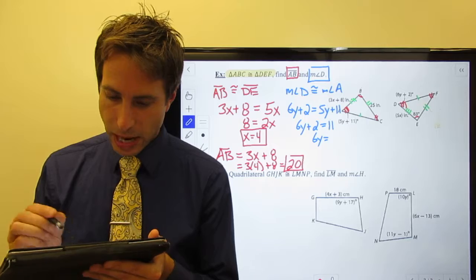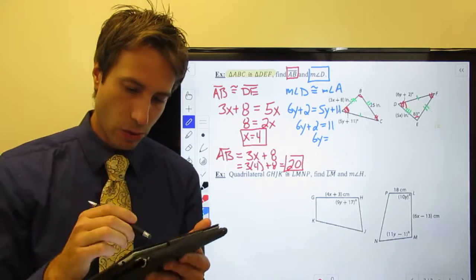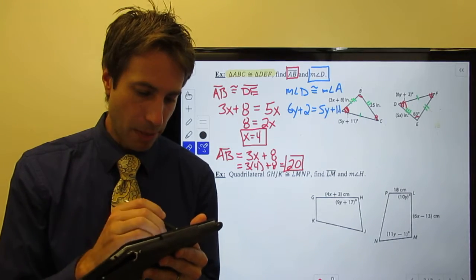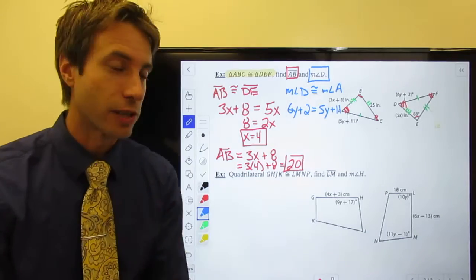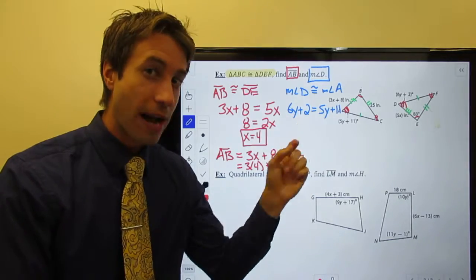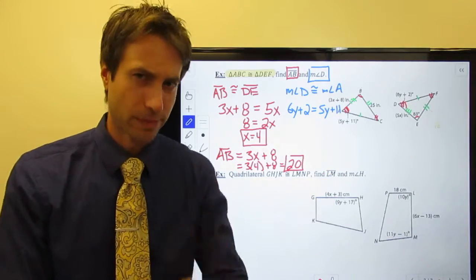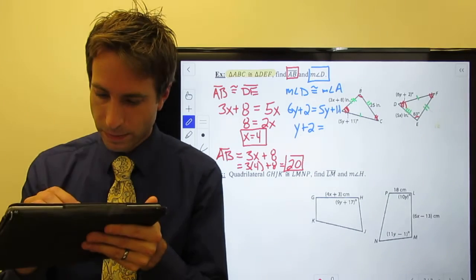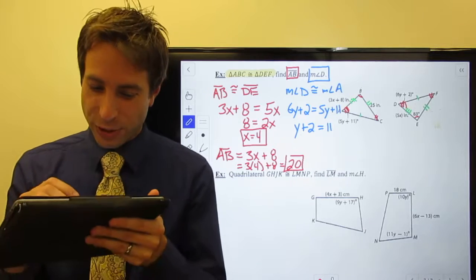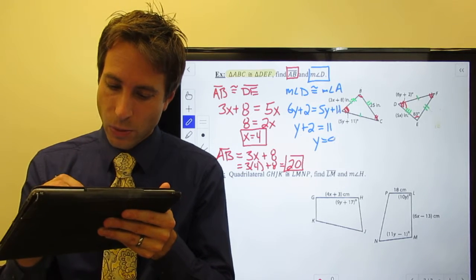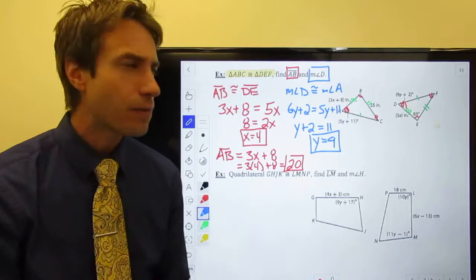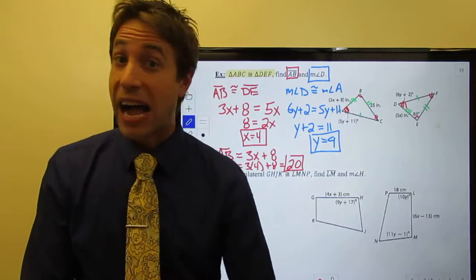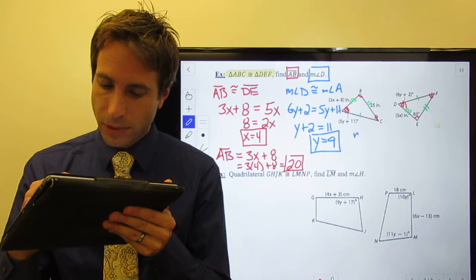I apologize, I forgot to subtract the 5y. 6y minus 5y is y. Now subtract the 2 to the other side. y is equal to 9. Is that what I asked you for, though? Did I ask you to find the value of y? I didn't. I asked you to find the measure of angle D.